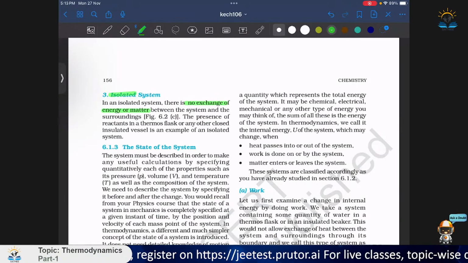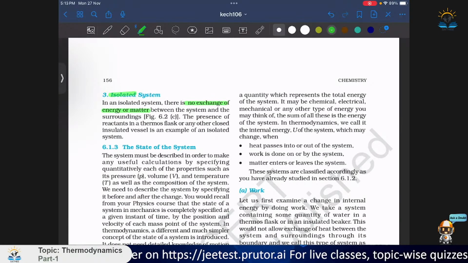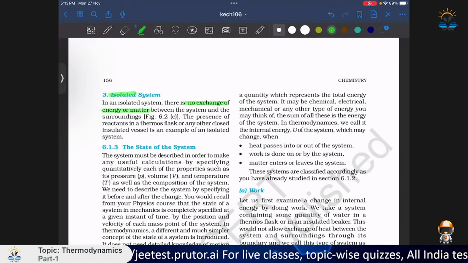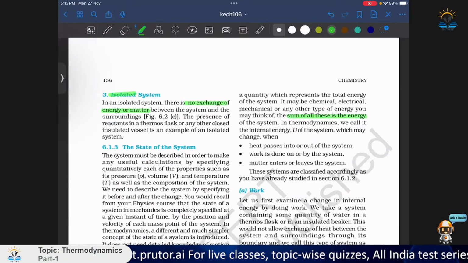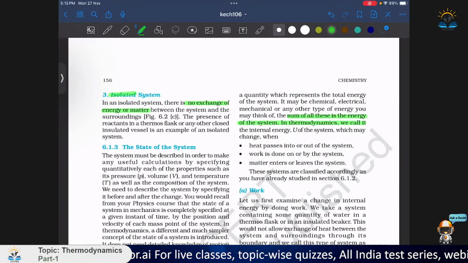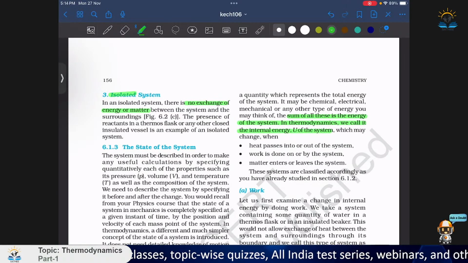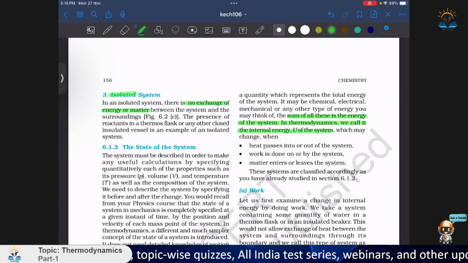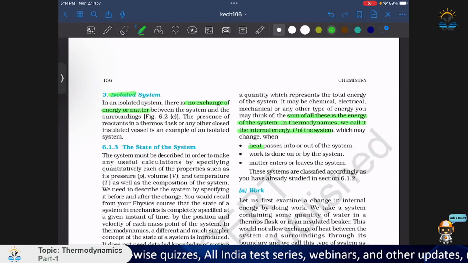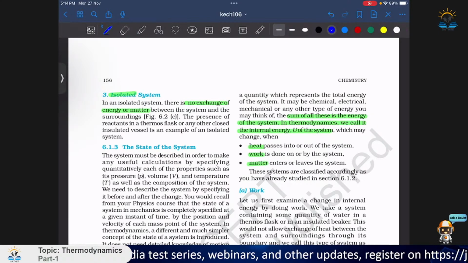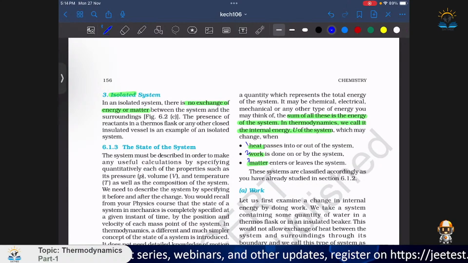The total energy may be chemical, electrical, mechanical and so on, but the sum of all these energies is the energy of the system, and in thermodynamics we call it internal energy, or U. How do we change this internal energy? You can change it by passing in heat, by doing some work, or by changing the amount of matter. So there are three ways to change the internal energy of the system.